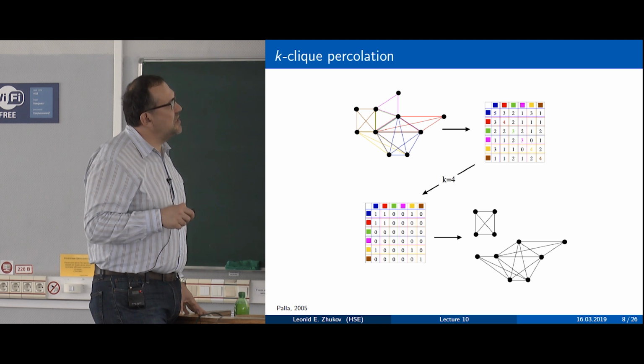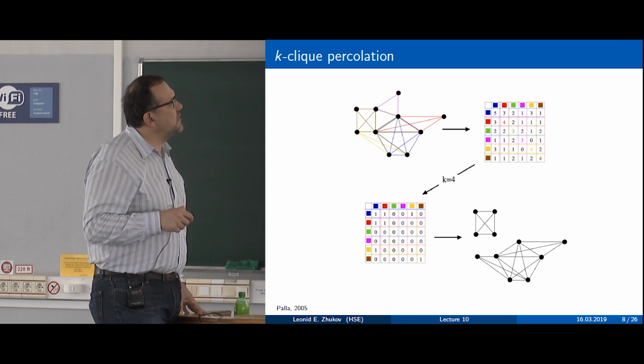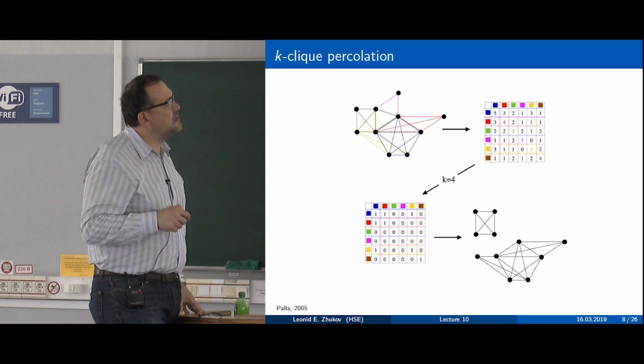Now, a clique with itself overlaps with 5 nodes because that's the size of the clique. The red clique has 4 nodes. Here it is. Now, the blue and the red clique, this is a blue clique, this is a red clique, they overlap at 3 nodes. And that's what's written in here.